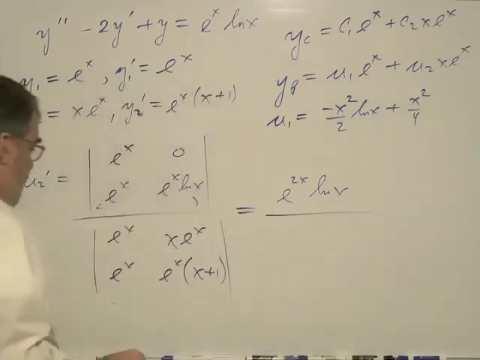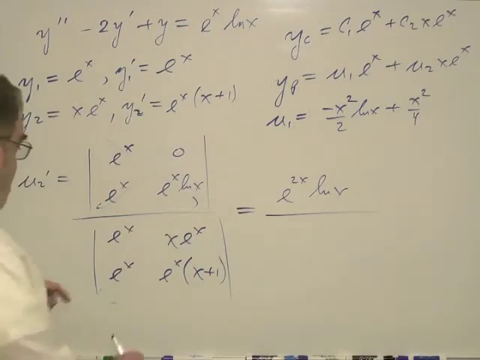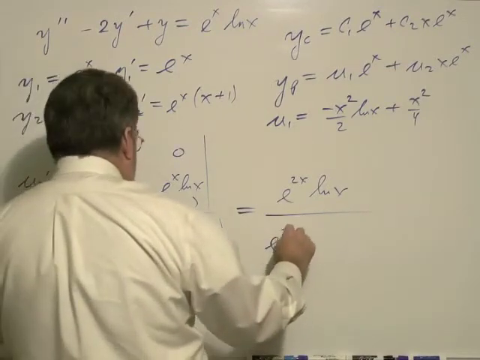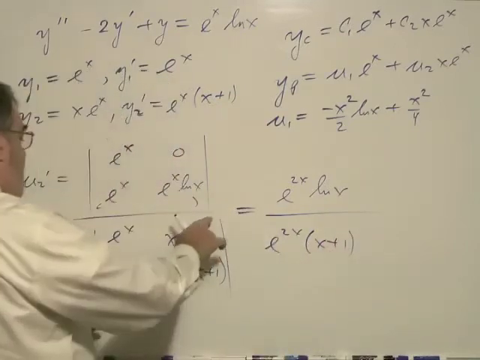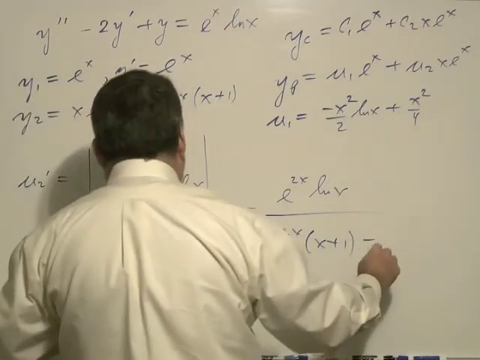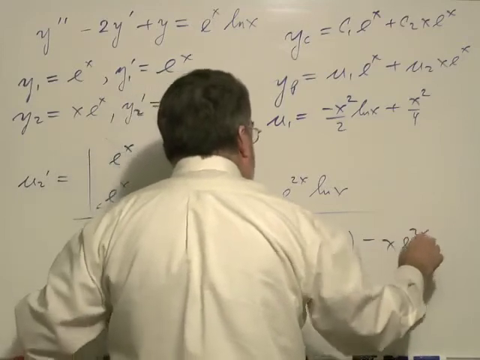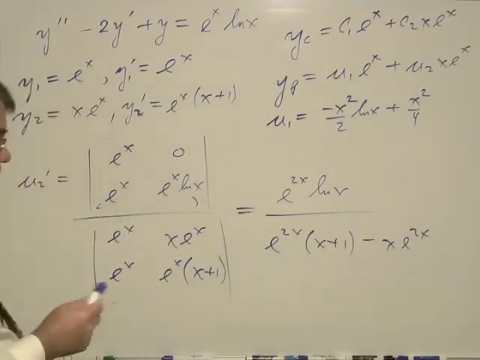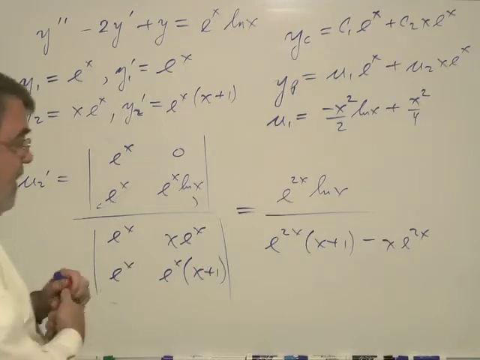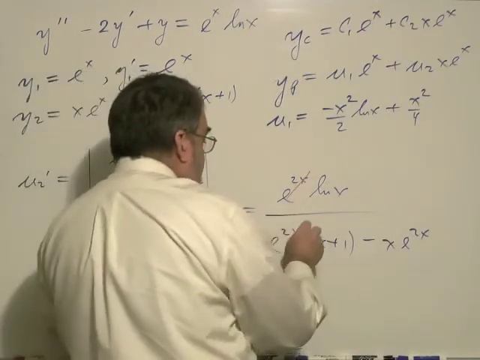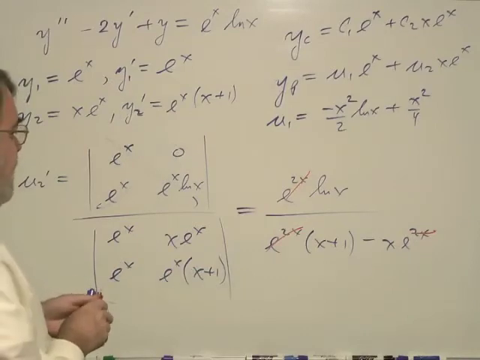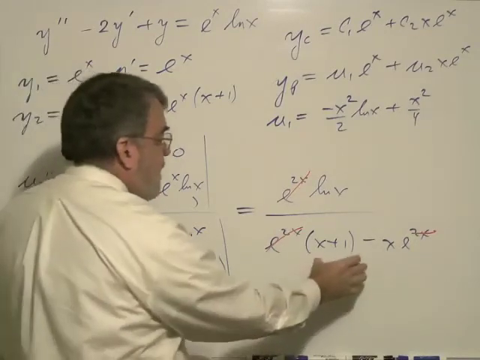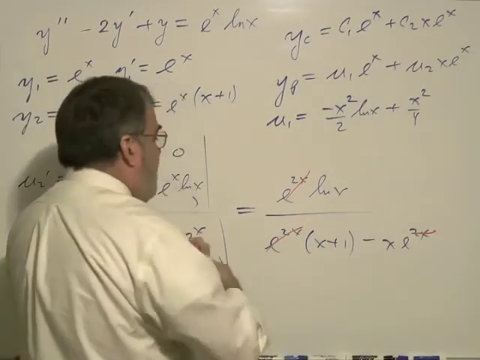And down below, we did this a minute ago, it's going to be e to the 2x times x plus 1, and then minus x e to the 2x. So a little bit like before, we can cancel off the e to the 2x's by division, and that will give us natural log of x, because this x will cancel that x.